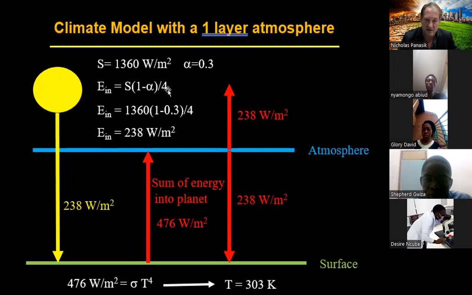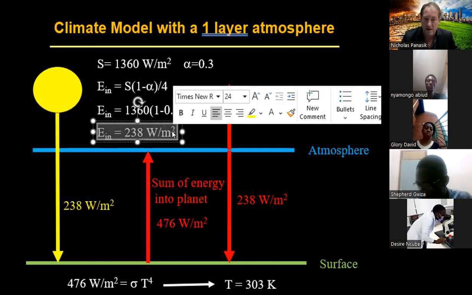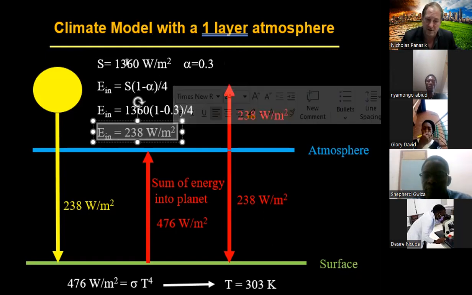So that was based on these calculations here. Our solar constant and our albedo, we plug those in. We know energy coming in from the sun based on our location in space, how far we are away from the sun and how hot our sun is, how much energy it generates.